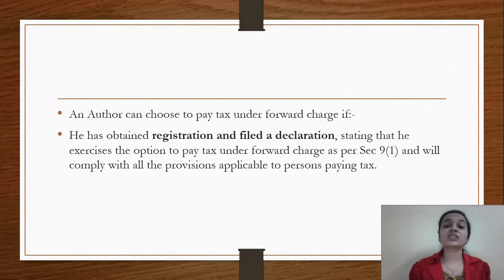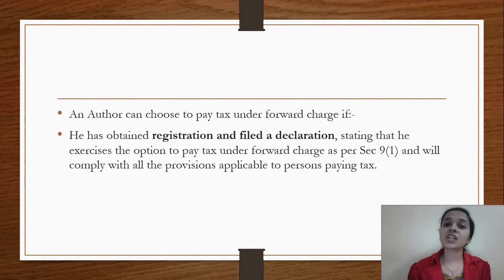Along with registration, he also has to file a declaration, and in the declaration he will have to state clearly that he is choosing to pay tax under section 9(1), that is under forward charge, and he will comply with all the provisions which are applicable to a person who normally pays tax under GST.